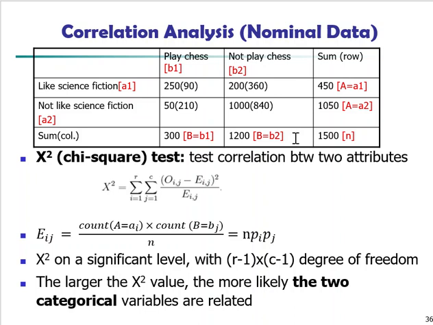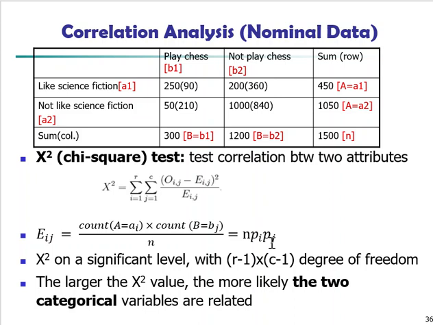The idea behind chi-square analysis is, if playing chess and liking science fiction are two independent variables, then the expected co-occurrence for an individual to play chess and like science fiction would be the total number of samples times the probability for one person to play chess times the probability for one person to like science fiction.